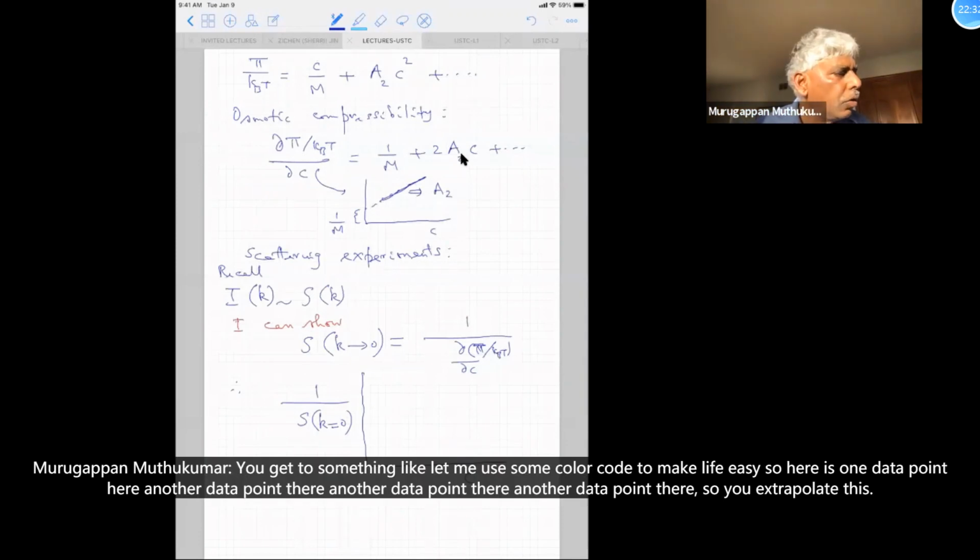something like, let me use some color code to make life easy. So here is one data point, another data point there, another there, another there.